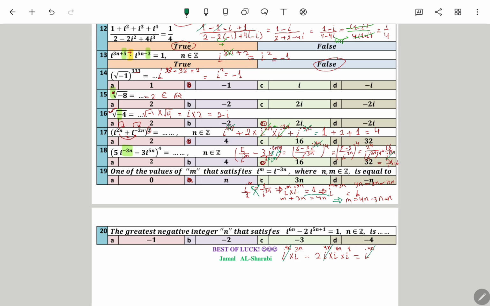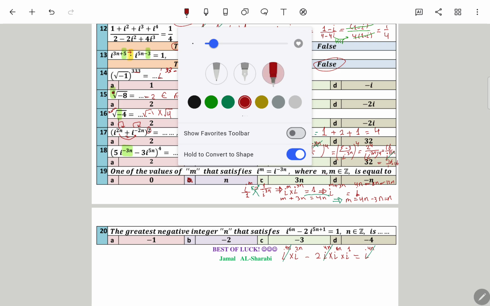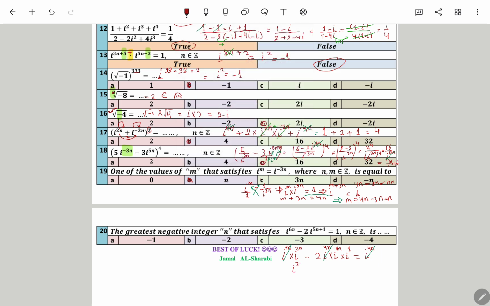I can have finally i to the power of 2n minus 2 i to the power of n plus 1, and that all equals 1. If you think about this question, you can leave it as it is, i to the power of 2n multiplied by i only, and that will make it easier for you to continue like this.